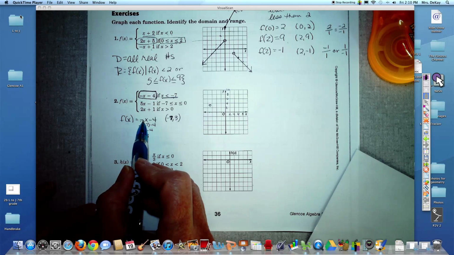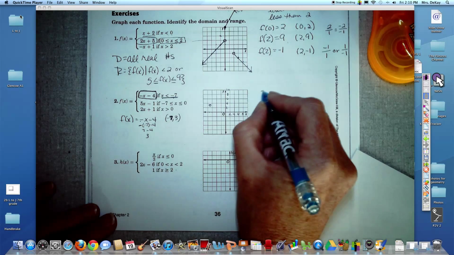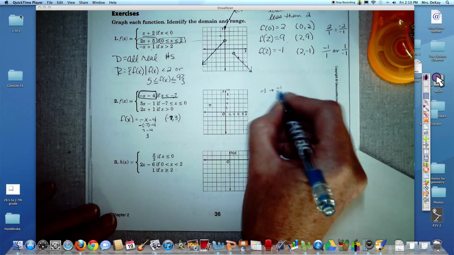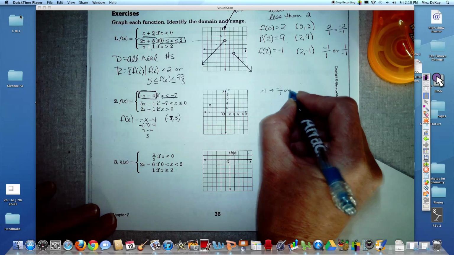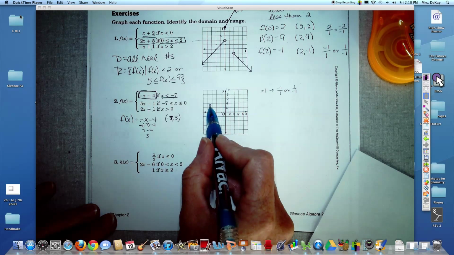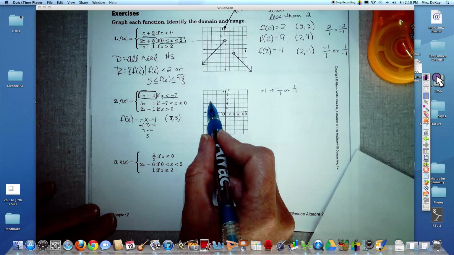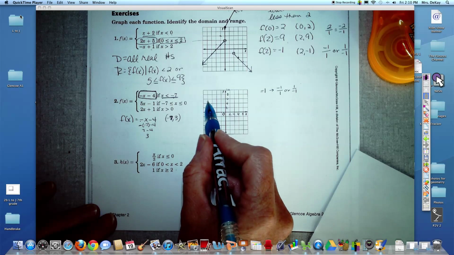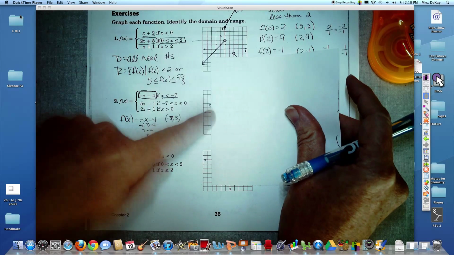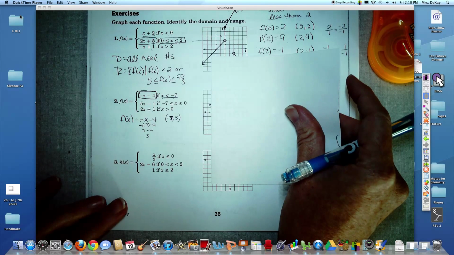A slope of -1 is either -1 over 1 or 1 over -1. We want 1 over -1. So do you want to go up 1 and to the left 1? Yes, because we want this stuff to happen over here, don't we? So we probably do.